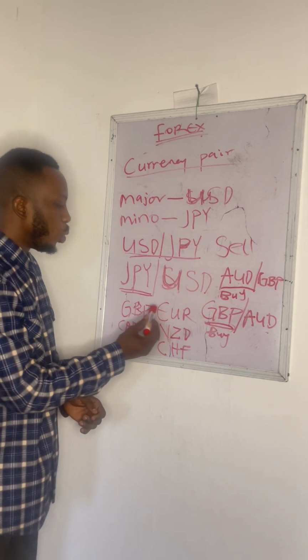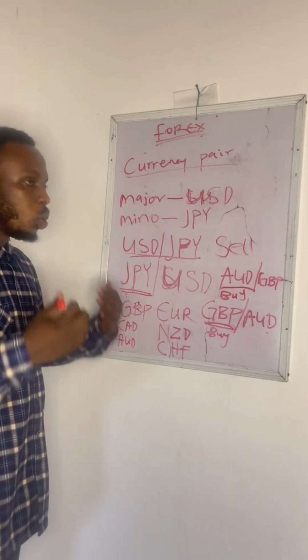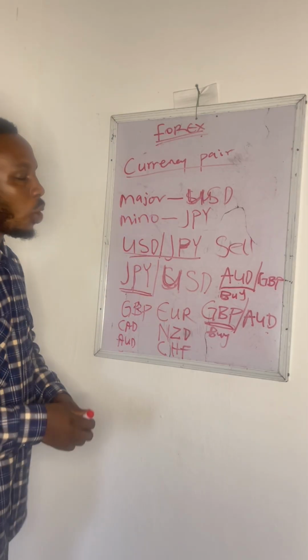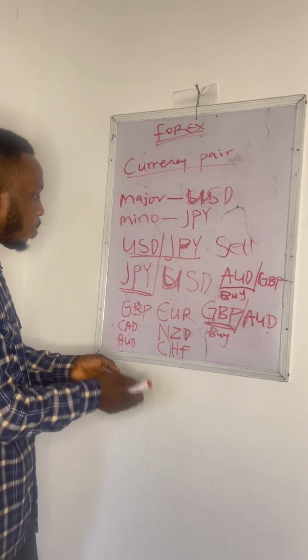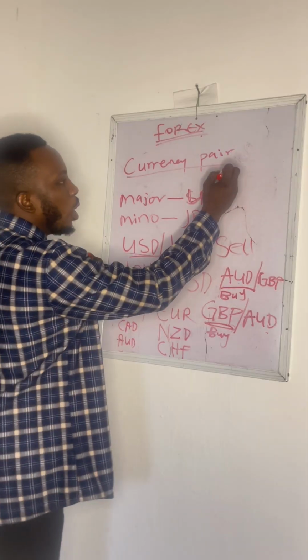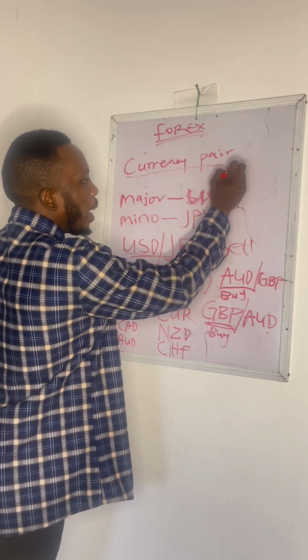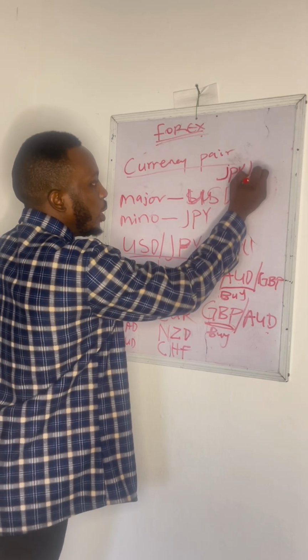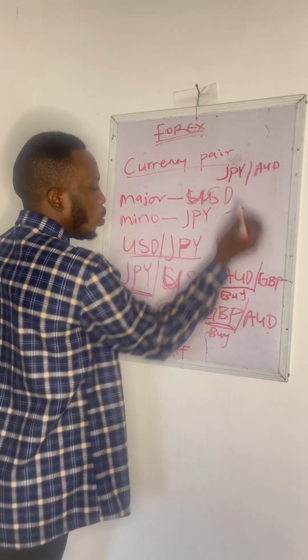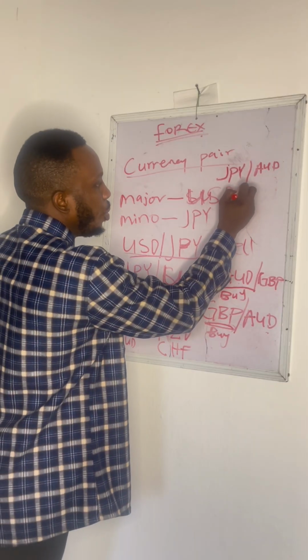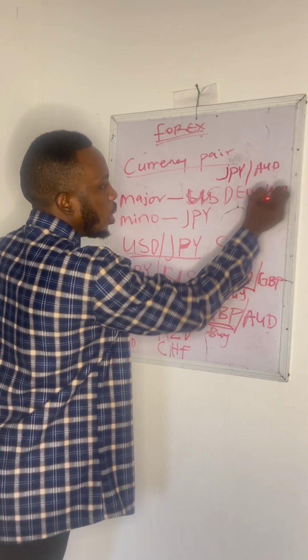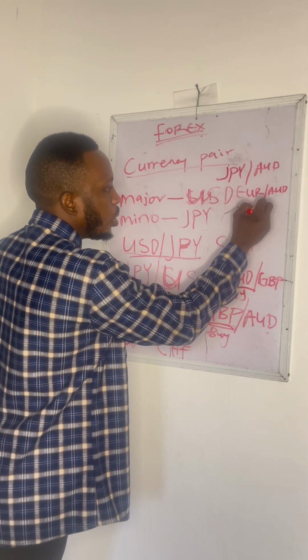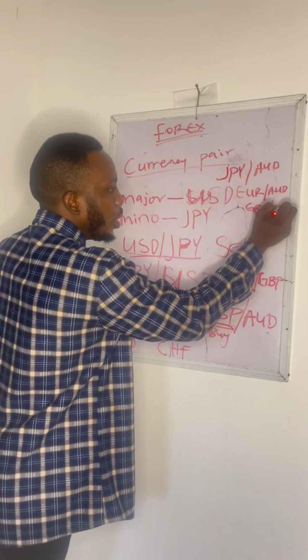While you note all these country pairs, also note that we have a lot of currency pairs that can be rearranged at any point of time. We can have JPY to AUD. We can also have EUR to AUD. We can also have GBP to AUD.